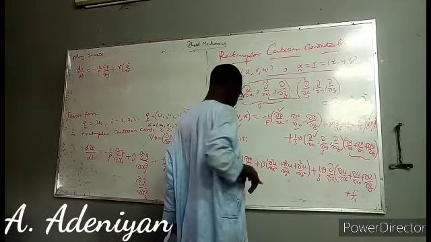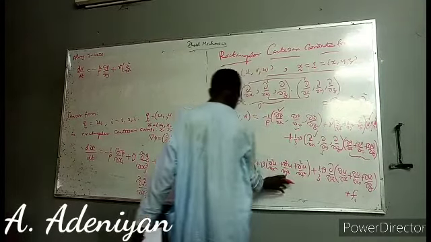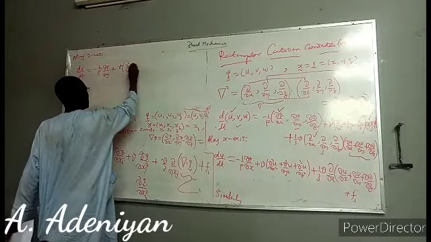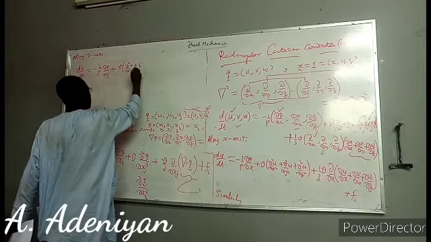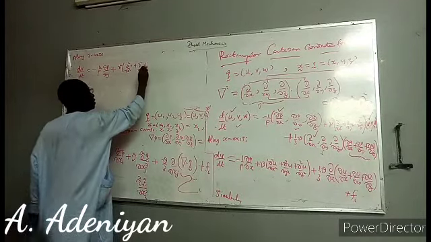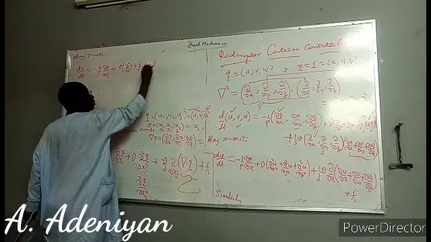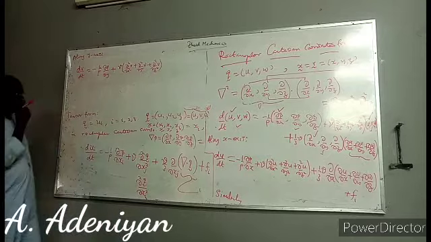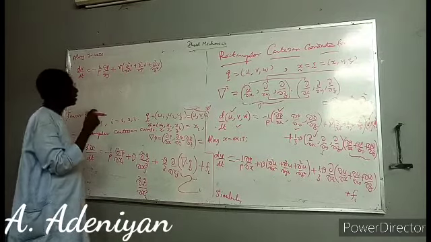We are just replacing u by V: plus ∂²/∂y² V plus ∂²/∂z² V. So that is what we have really done.